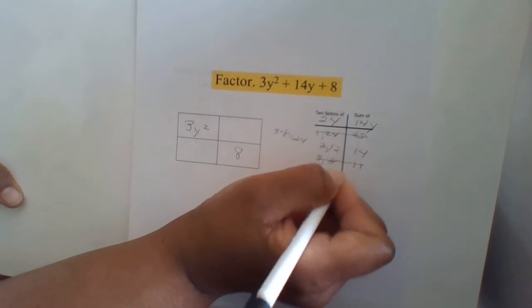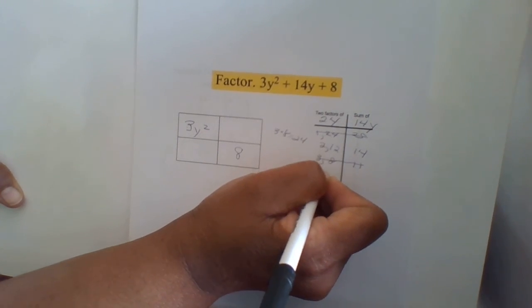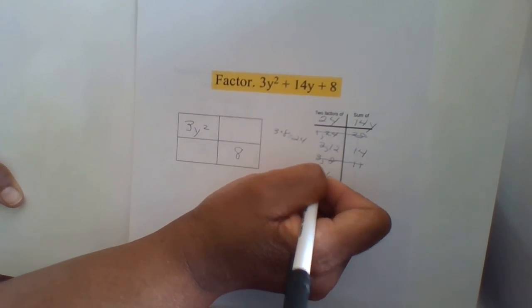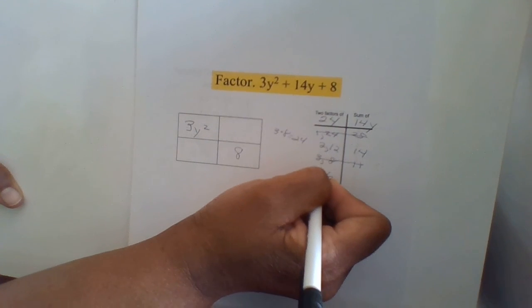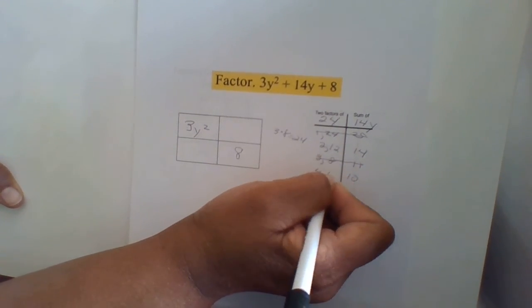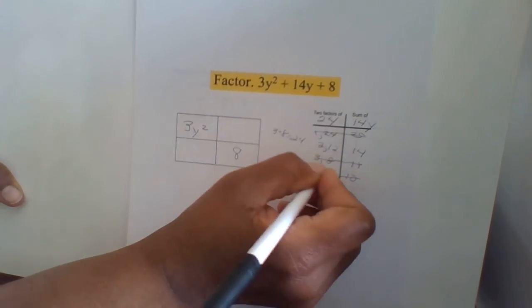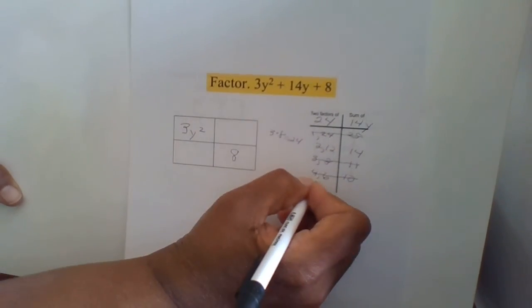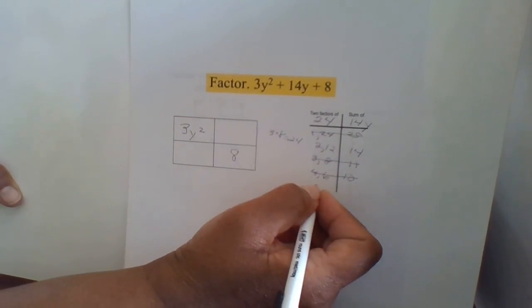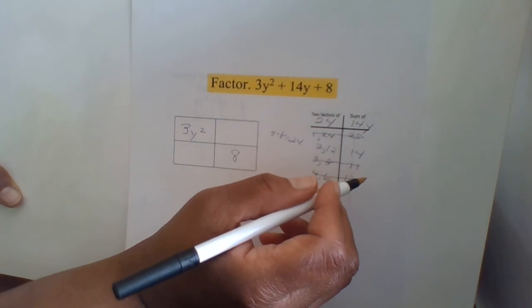Can't be used. 4 and 6. 4 times 6 is 24. 4 plus 6 is 10. I need 14. 3 and 8 is already there, so I'm done listing my factors.